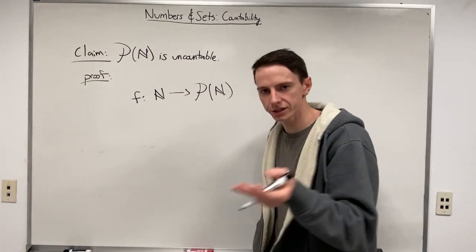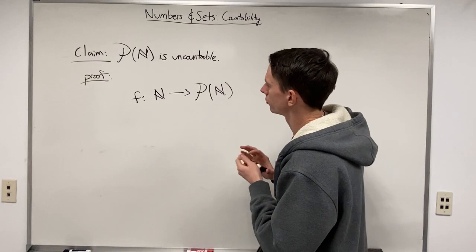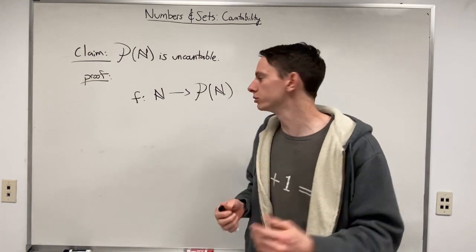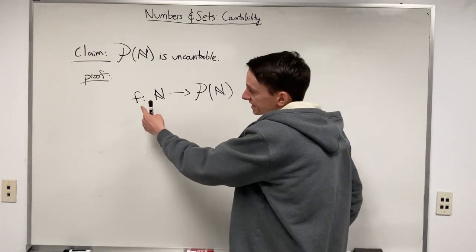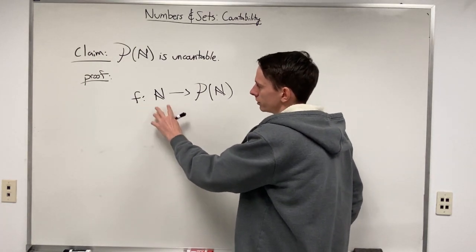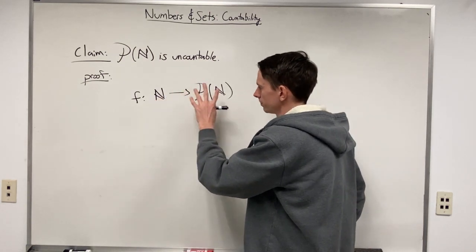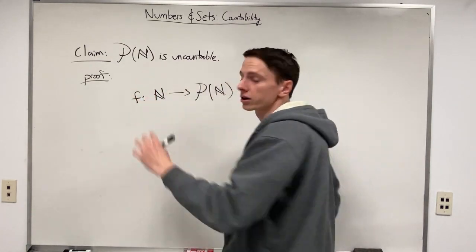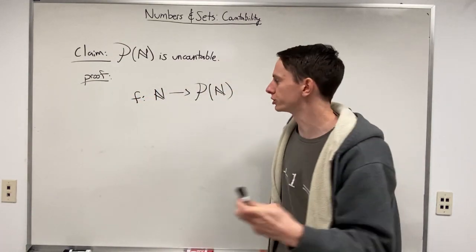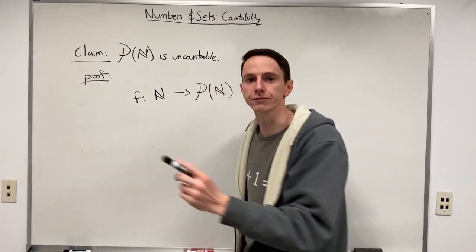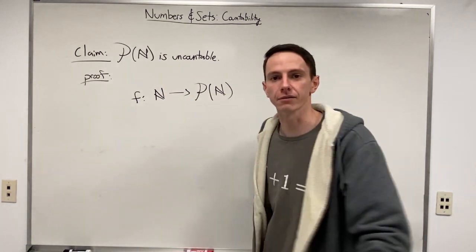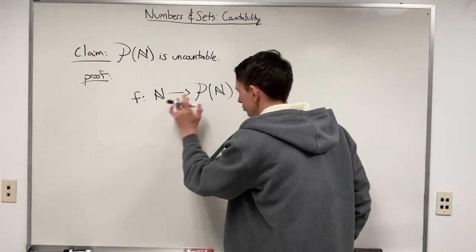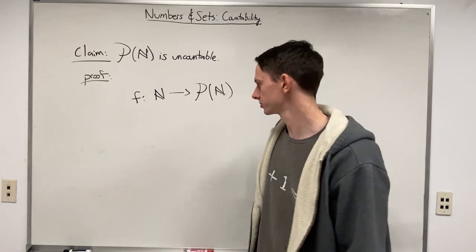If you remember, in showing that a set is countable, we want to show that there exists a surjective function from the natural numbers into whatever set we're looking at. But now for showing that it is uncountable, we want to show that there is no possible surjective function that has this property. So how do we show that there's no surjective function from the naturals to the power set of the naturals?